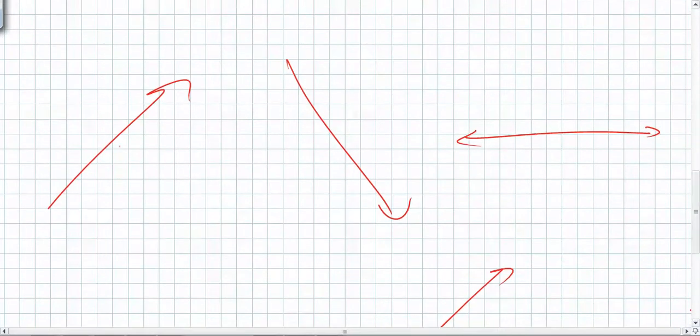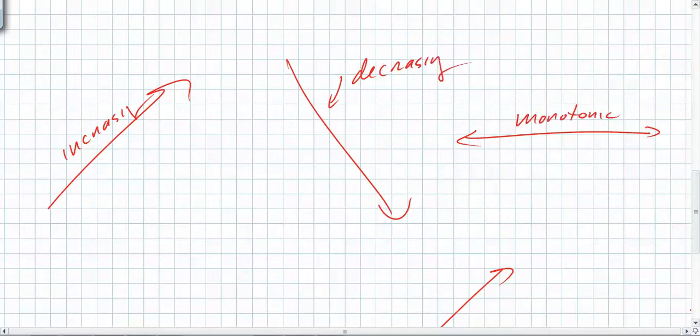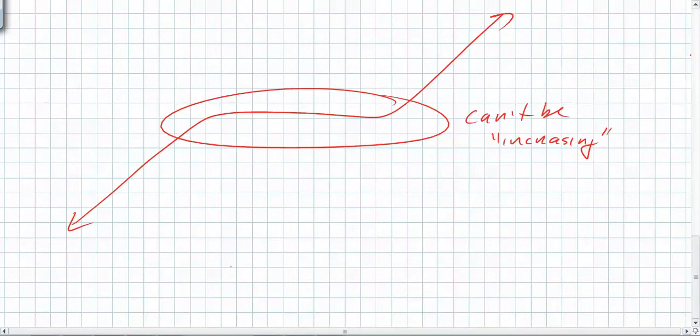So here's the deal. If it's always going up, it's increasing. If it's always going down, it's decreasing. If it stays the same, it's monotonic. But if you add them together, if you add increasing plus monotonic, what do you get? Not monotonic.